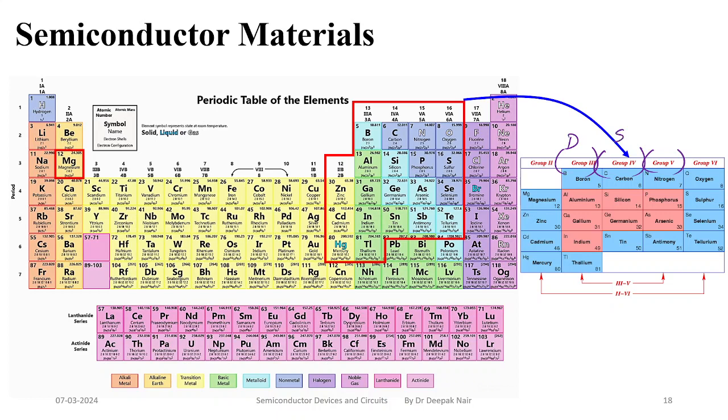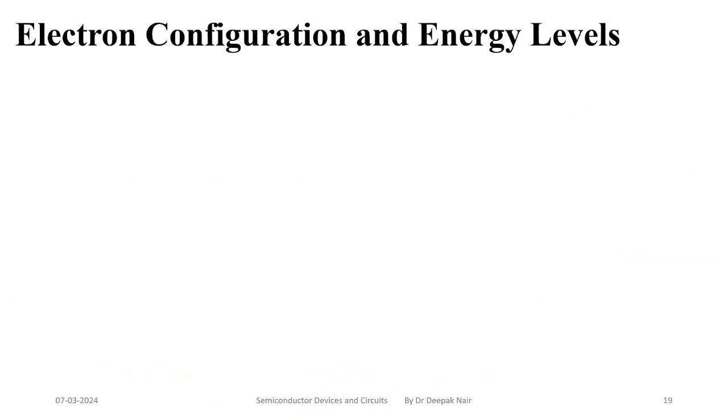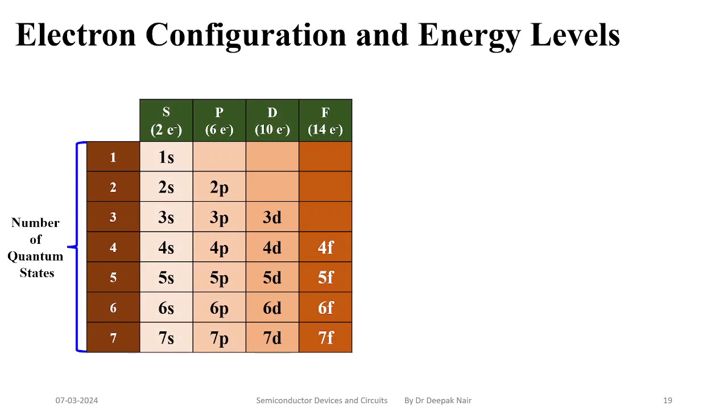So here we have semiconductors, and group 3 and group 5 generally provide the dopants for the semiconductor. Now let us move ahead and talk about the energy levels associated with atoms in group 3, 4, 5 or any other atom in the periodic table.